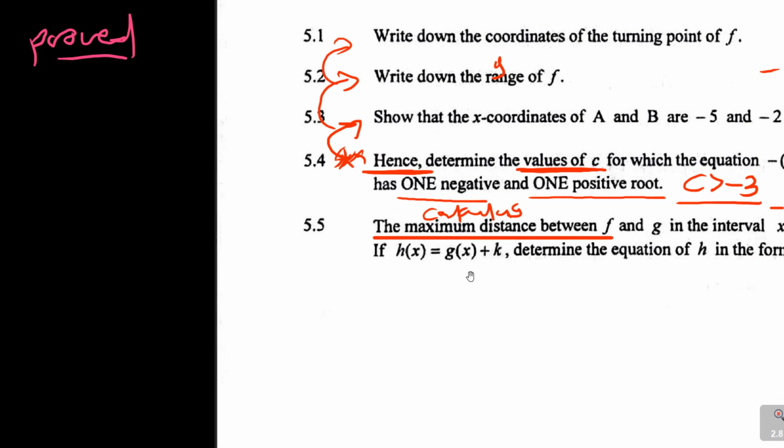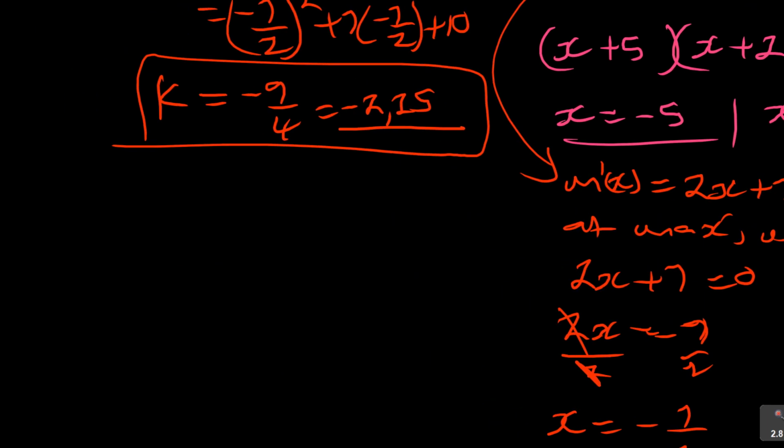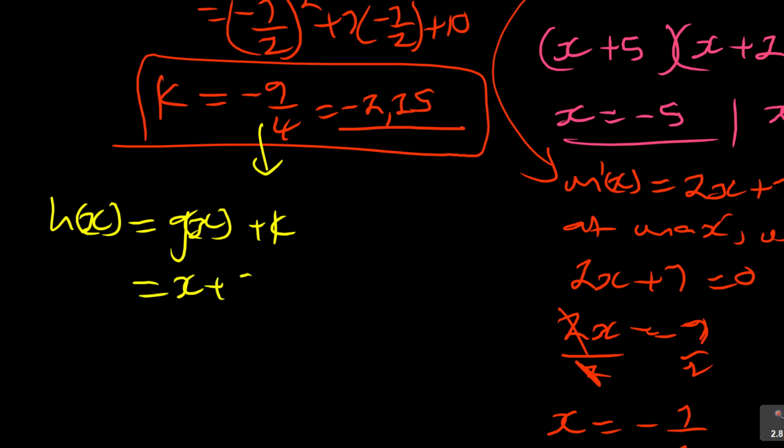Then they say here, if h of x is g of x plus k. So now h of x is equal to g of x plus k. We know now this is our k, and we know g of x is x plus 5 minus 9 over 4, or minus 2,25.